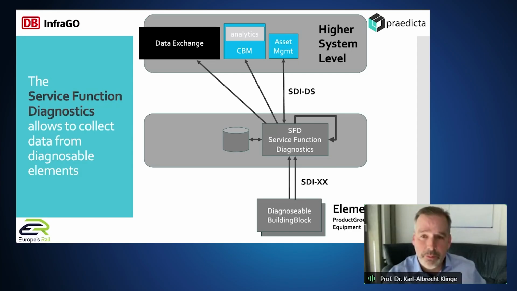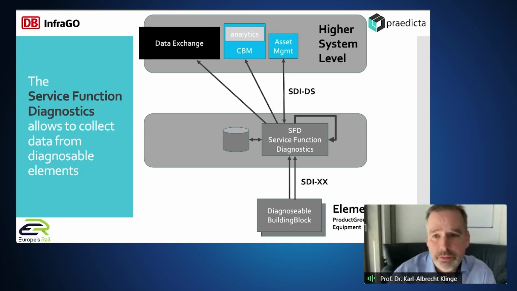And there are many application-specific extensions in this service function diagnostics. And as you can see, we have here also a different role of the asset management system. You can see it on the higher system level.